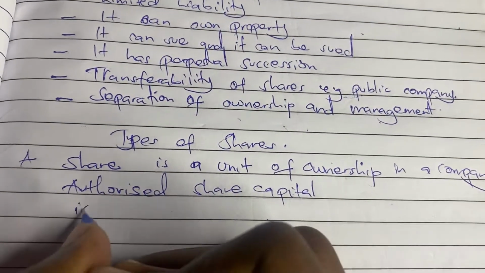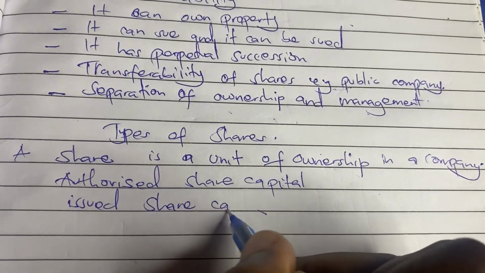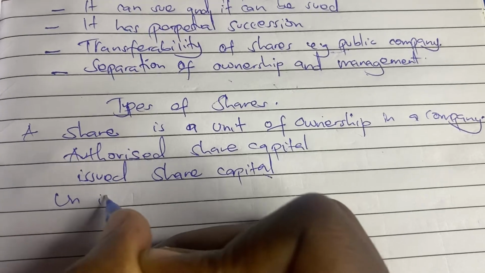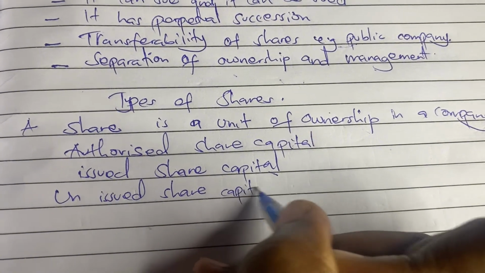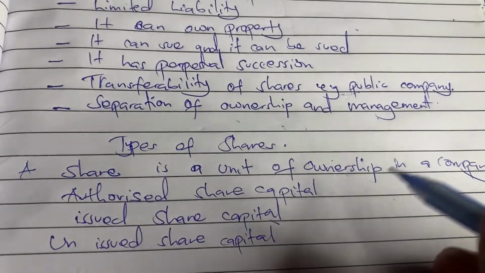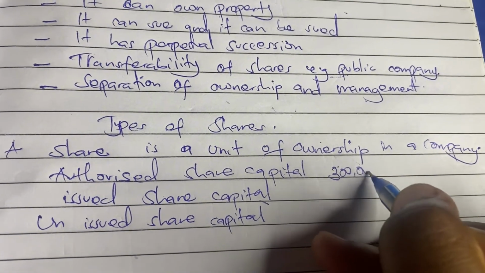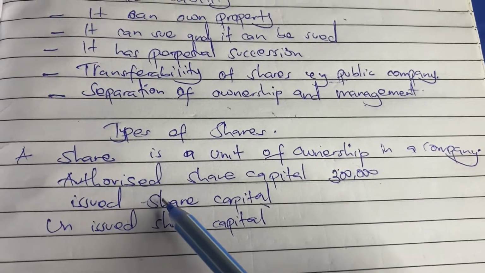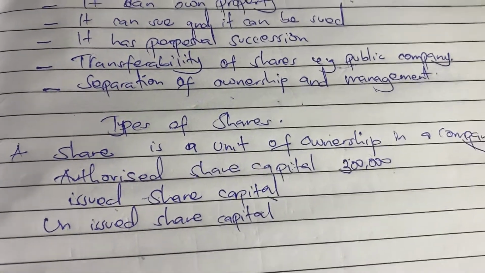Then we have the issued share capital, and then the unissued share capital. The authorized share capital may be, say, 300,000 shares that the company registered. The issued share capital is the capital that is issued to the public so that they can come and buy.